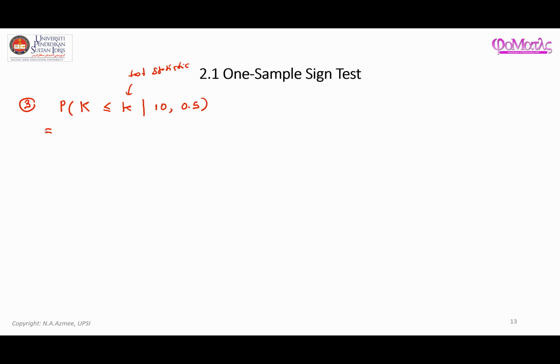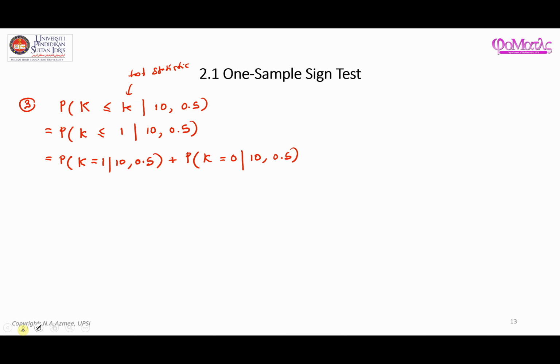If you continue the step-by-step process, this will be k less than or equal to 1, given sample size 10, probability 0.5. Basically it means that you are going to find the probability k equals 1, given 10 and 0.5, plus the probability k equals 0, given sample size 10 and 0.5.